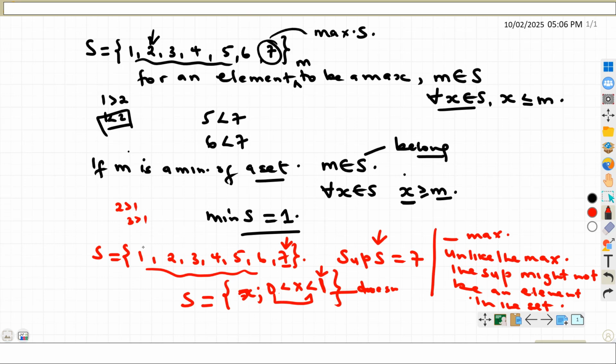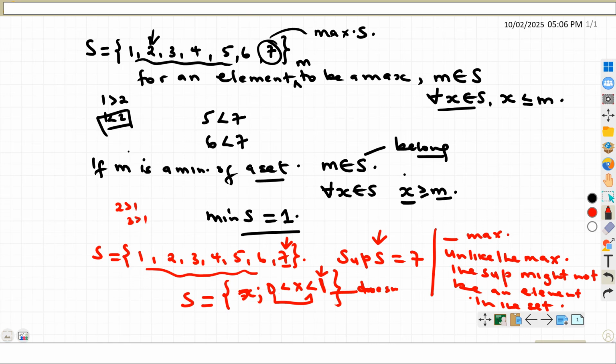So it is simply the largest number that is less than or equal to every element in this set. Meaning that for whichever number you pick in this set, 1 will always be less than or equal to each of these numbers, meaning all these numbers will be greater than 1.